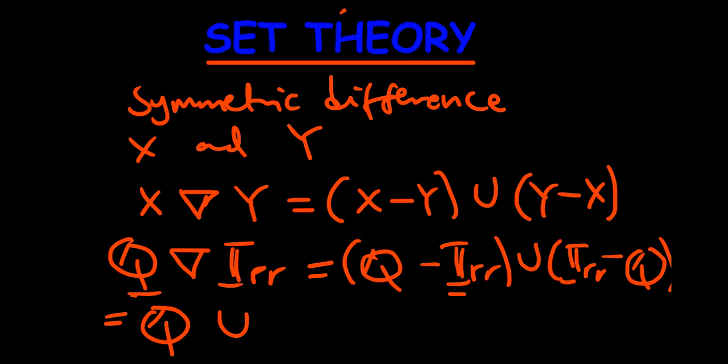Then union, the second part, you have irrational numbers. The union of these forms the real numbers.